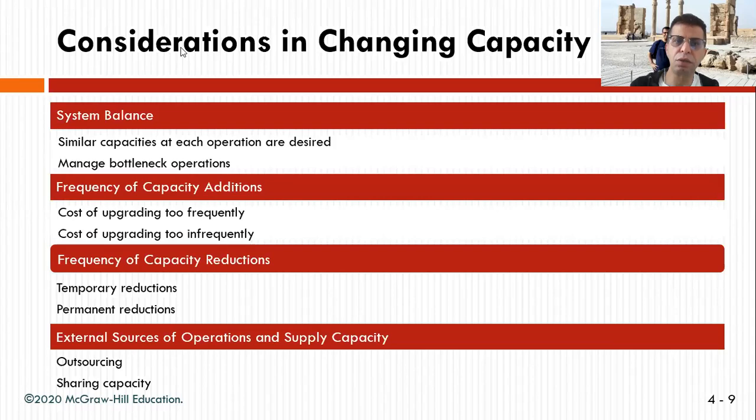So the consideration in changing the capacity is that you do system balance. It's a very similar capacity at each operation, as desired, and you manage the bottleneck operation. Sometimes you have a machine that produces 100 units per hour. The next machine will take these products and do the second step.